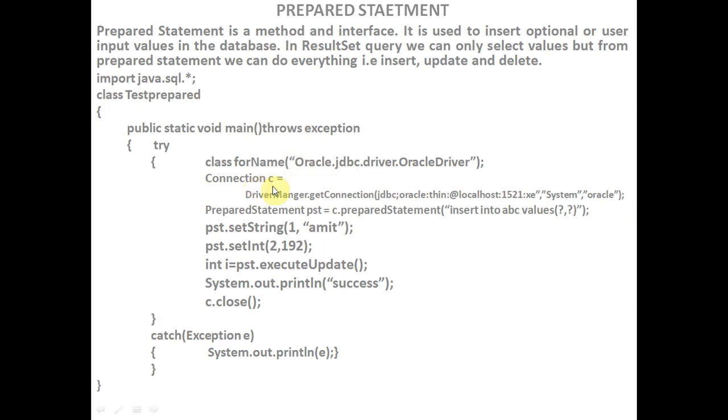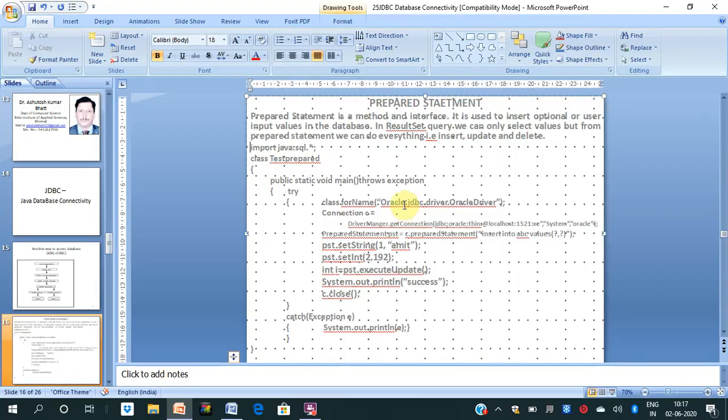And the second statement, Connection c = DriverManager.getConnection. Inside the brackets we write the connection string.